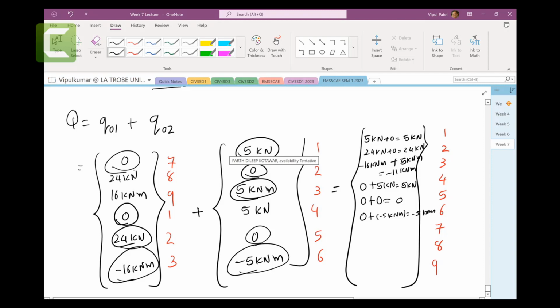Number 7, there is no number 7 here, so 0 plus 0 is 0. Number 8, 24 kilonewtons plus 0 is equal to 24 kilonewtons. And number 9, 16 kilonewton meters plus 0 equal to 16 kilonewton meters.